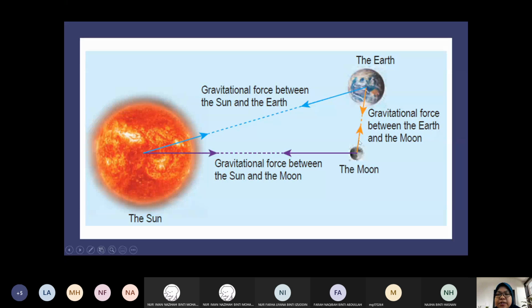Because they are two bodies, there is also gravitational force between them. And the moon and the sun also. Okay, so faham lah. Ada je dua body, there will be gravitational force. So kalau awak duduk bersebelahan dengan seorang lain pun, kejap. Itu pun akan menghasilkan gravitational force.